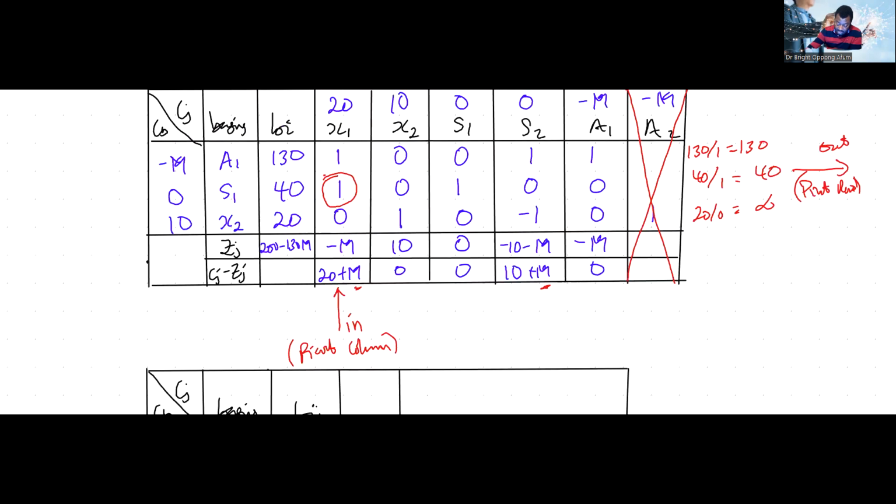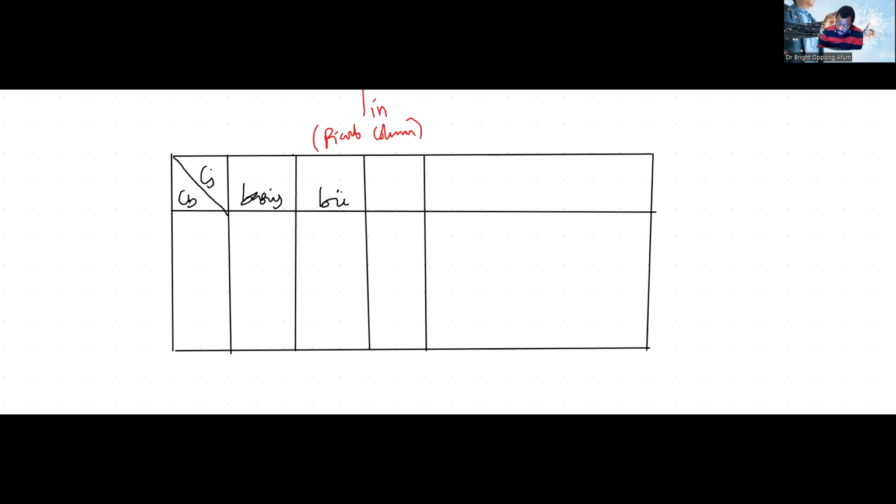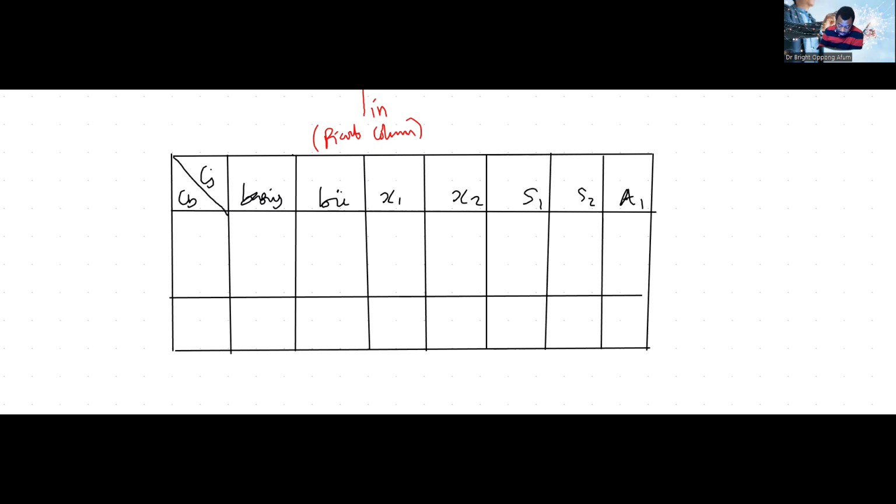So then we have X1, X2, S1, S2, A1. All right, so that S1, A1. So we still have this and we have that. So this is ZJ, this is CJ minus ZJ.